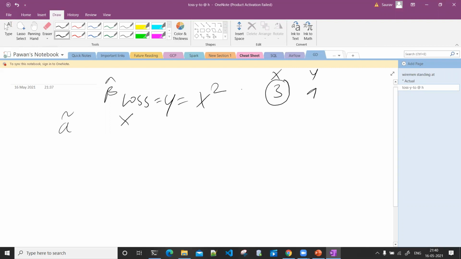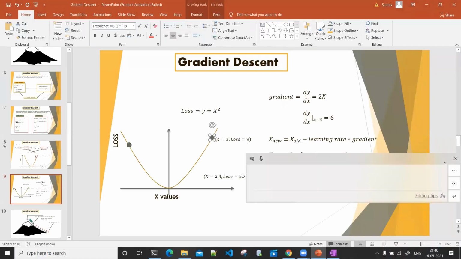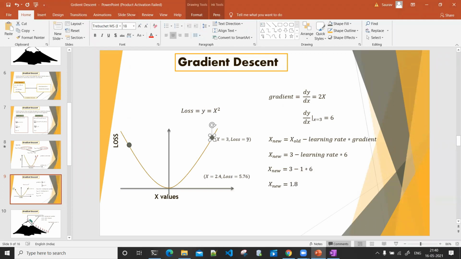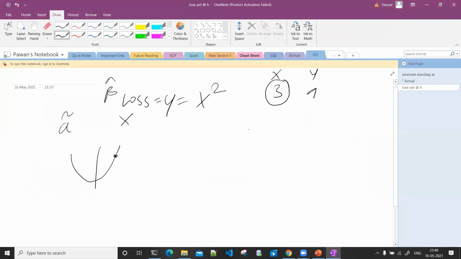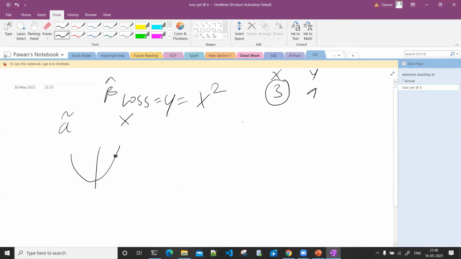But in the case of the algorithm, suppose we are at this position where the value of x is 3 and the loss function is 9. The first thing the algorithm is going to do is calculate the loss with respect to x.